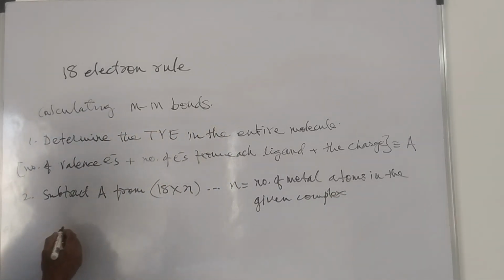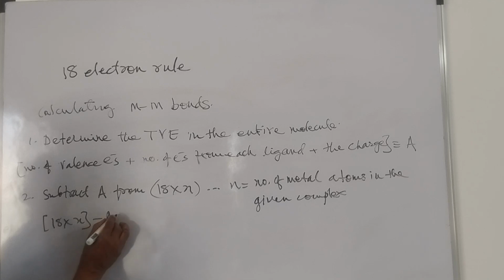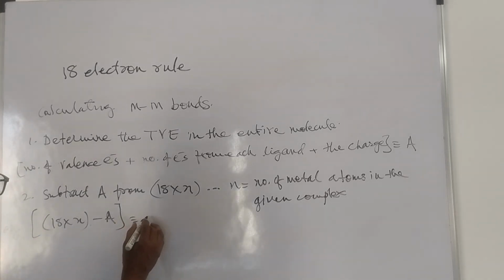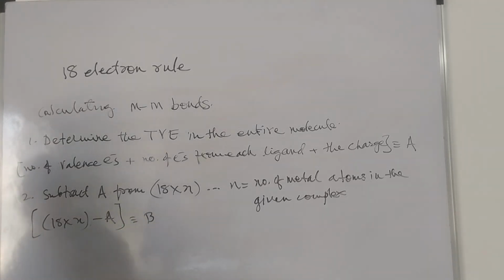So this can be given as 18 into N minus A. The value that comes out is called B.